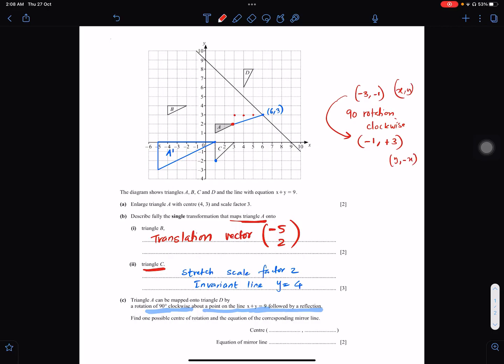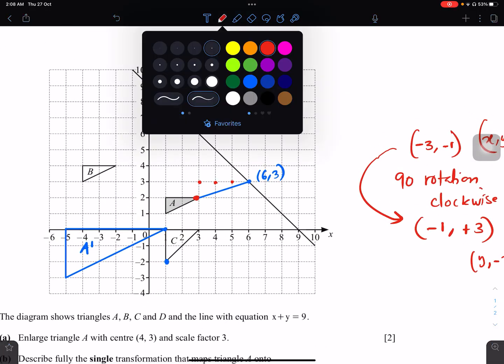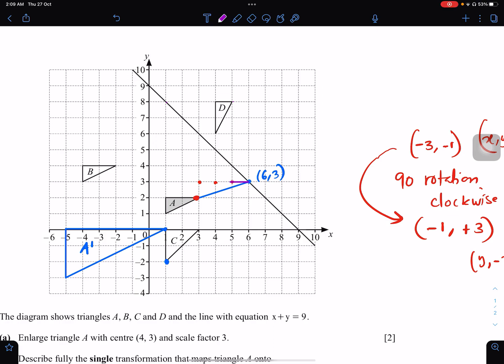So if we follow that, from this particular point we have to move 1 to the left and 3 units up. So if I go 1 to the left and 3 units up, I will land at this particular point. So this point has to be reflected here.